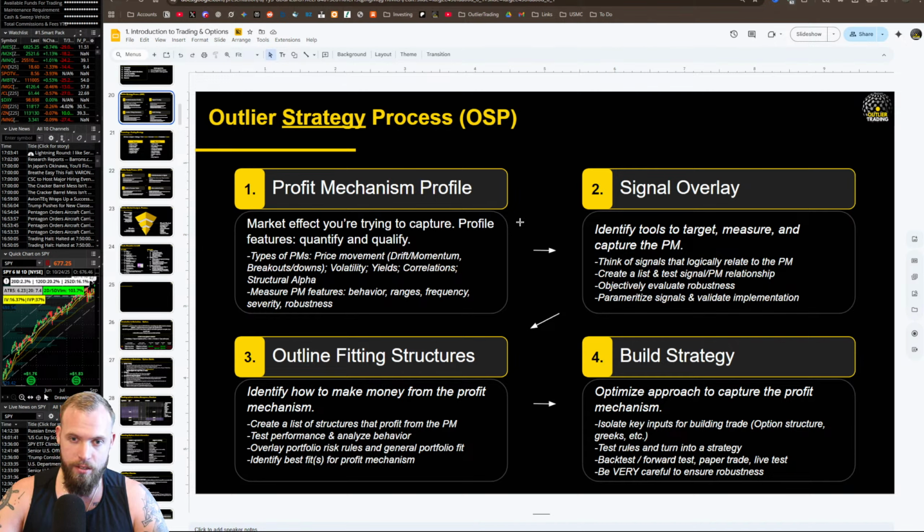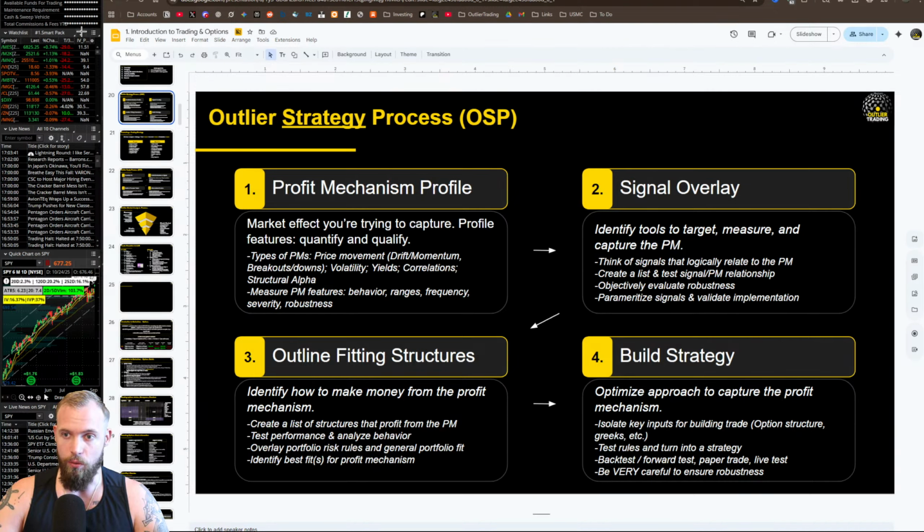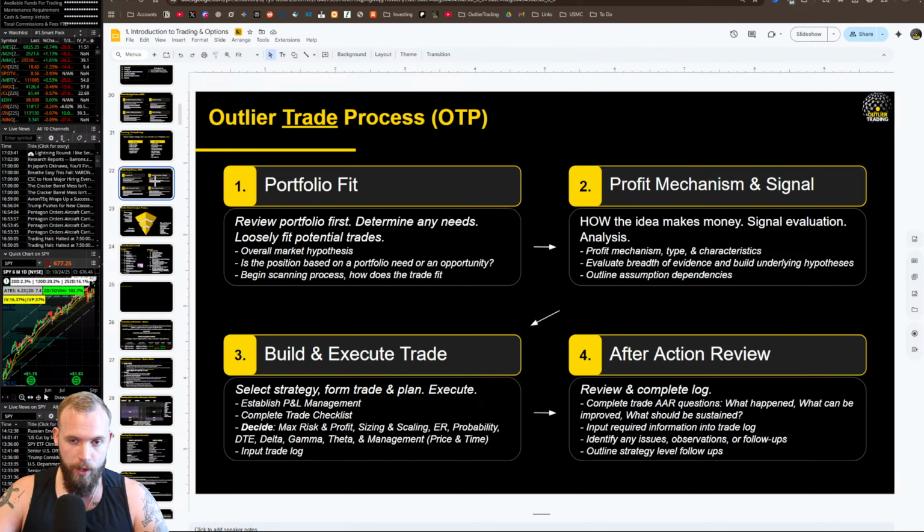That means that you have an understanding of at least some profit mechanisms, and you have a fundamental understanding of different ways that you might be able to capture them. That leads us to where we are now, which is we have a market view of some sort. Let's take a look now at the outlier trade process. This is one step in from the outlier strategy process.